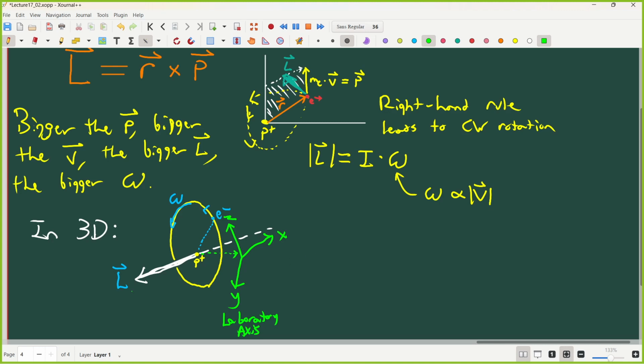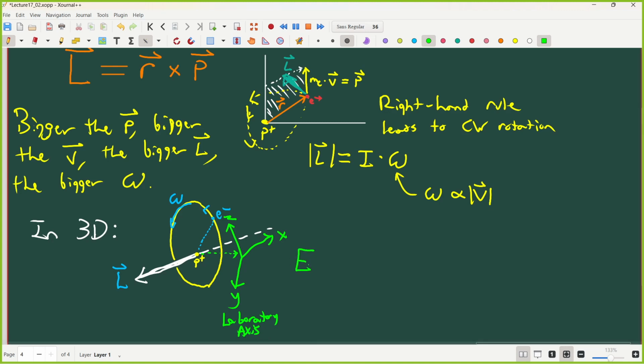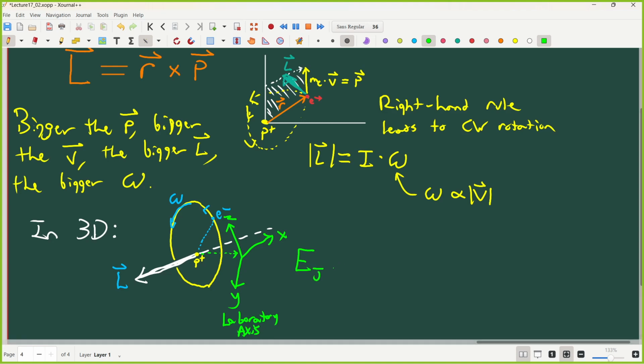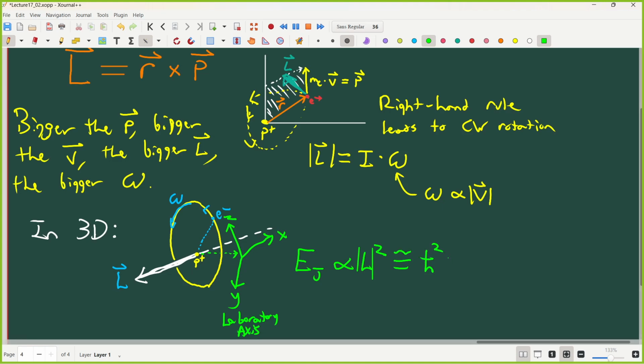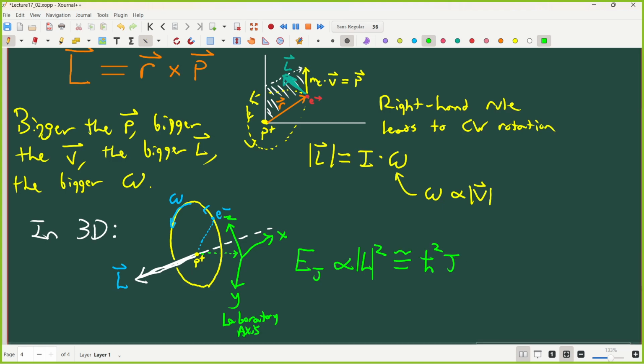The idea here is that the energy of J, which is proportional to the magnitude of L squared, is proportional to h bar squared j(j plus 1).